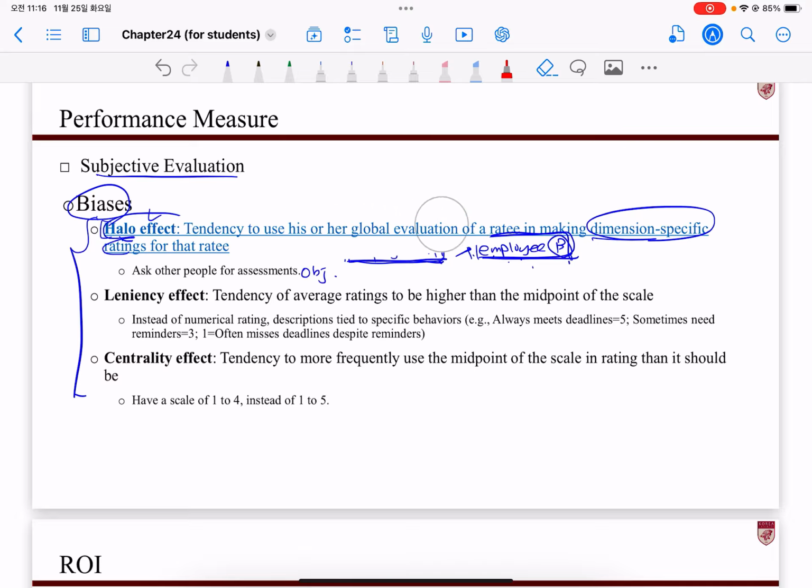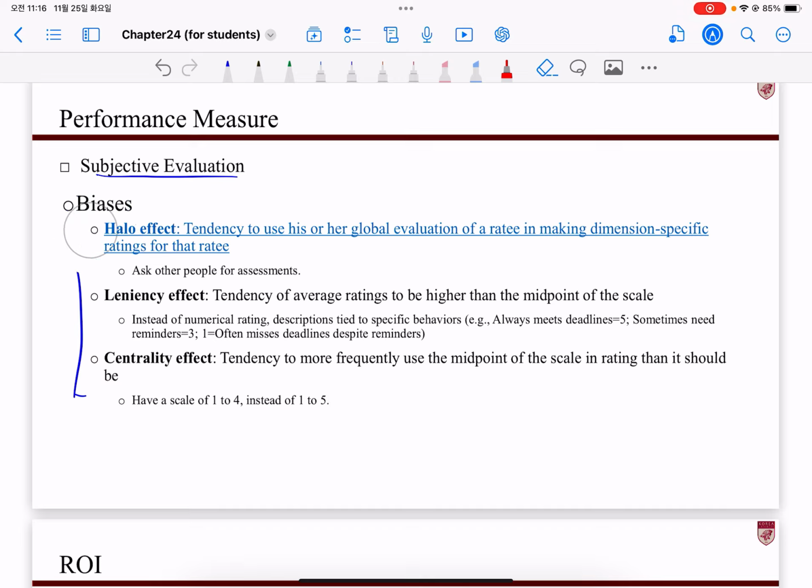So in order to mitigate the halo effect, what the evaluators can do is ask other people for assessments, right? So, for example, again, employee A versus employee B, although you may see employee A better, other people may find B a better worker in terms of sales generation, okay?